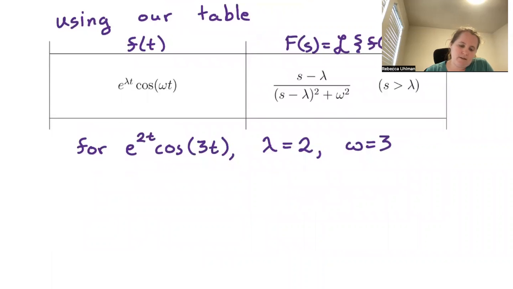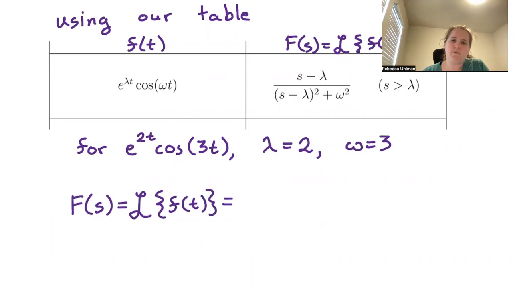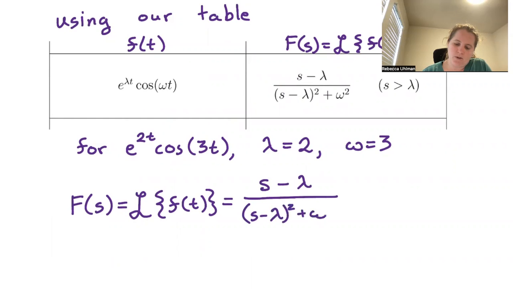So we get then that our capital F of s, which is the Laplace transform of lowercase f of t, should be equal to s minus lambda over s minus lambda in parentheses squared, and then plus omega squared still in the denominator, for s greater than lambda.